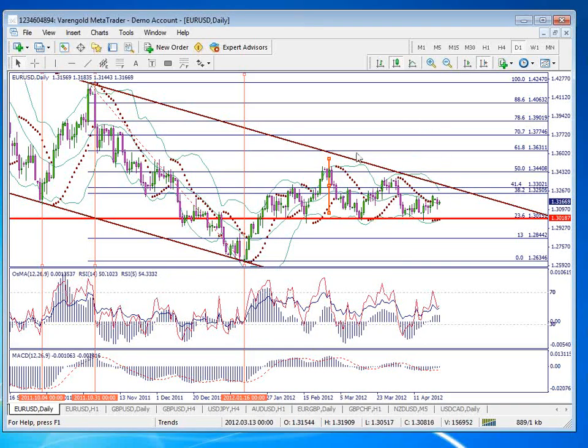In this triangle, we will have the continuation. We have the base of the triangle. So something like this. And when we see the break of that trend line, probably the pair will try to reach 61.8, and after that go in the down direction. I think something like this.